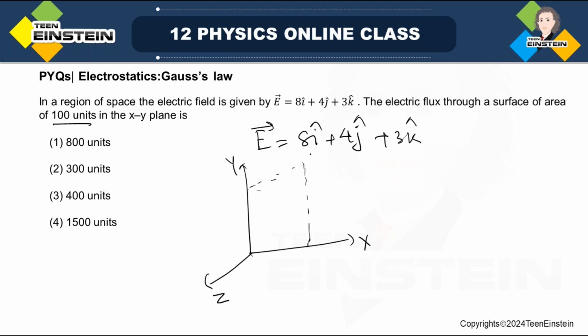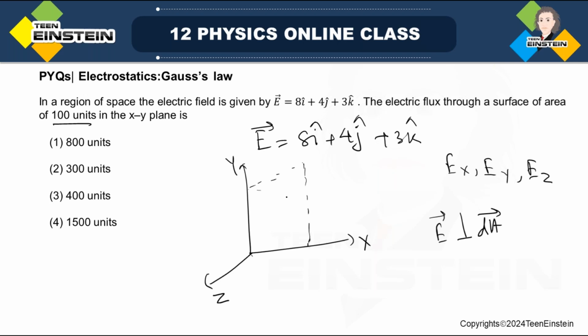Suppose this electric field vector has three components, Ex, Ey, Ez. Due to which component of the electric field will there be associated flux? Since this is the XY plane, we need to know the electric field and the area vector. The field and area vector must be parallel, not perpendicular, to get the maximum flux.